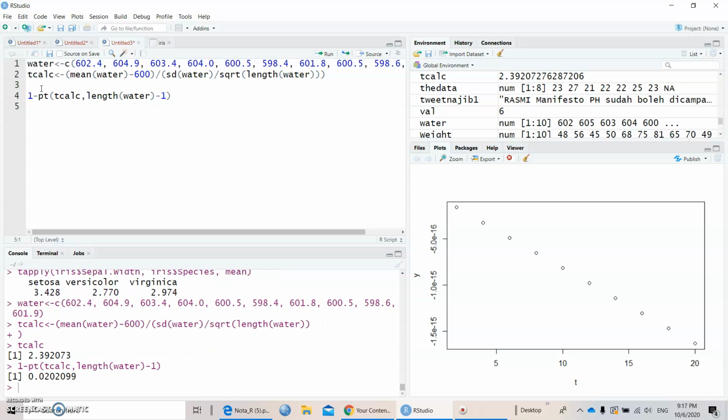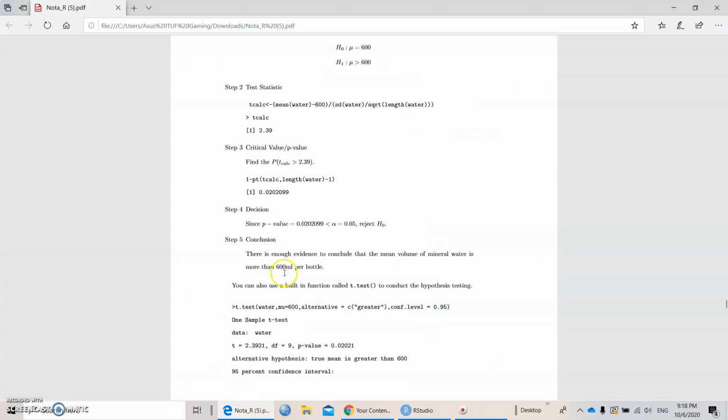Run, and you get the probability value equal to 0.0202099.